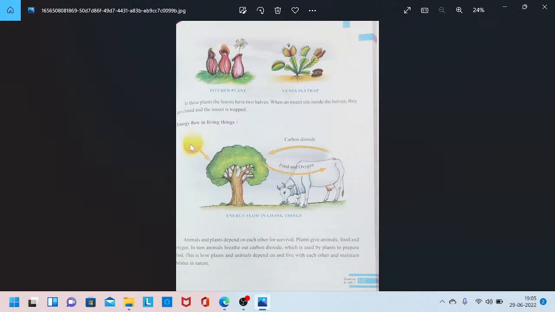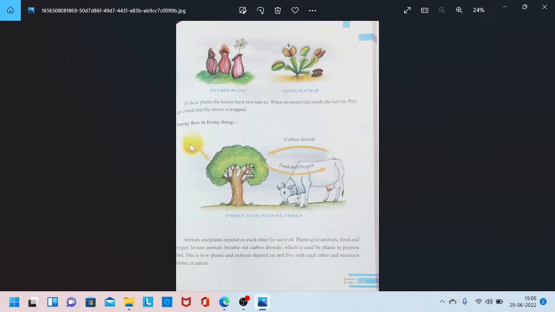Right, children? Plants give oxygen to us, and in return we give carbon dioxide to them. This is how plants and animals depend on each other and maintain balance in nature. Like we give carbon dioxide, they give oxygen to us.